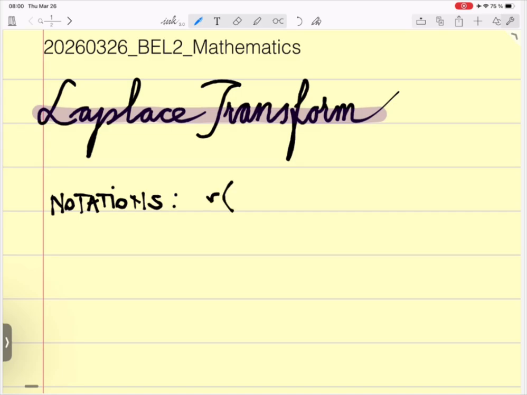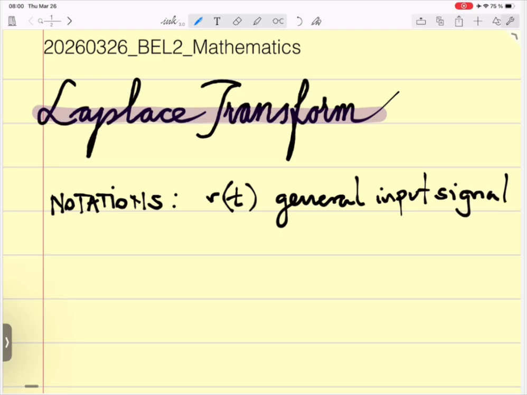R of t denotes the general input signal. It can be for instance the unit input signal, the step input signal, or some other.